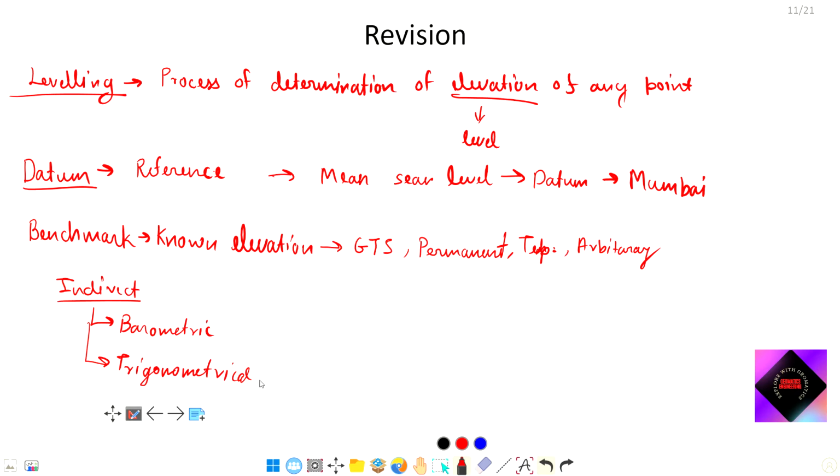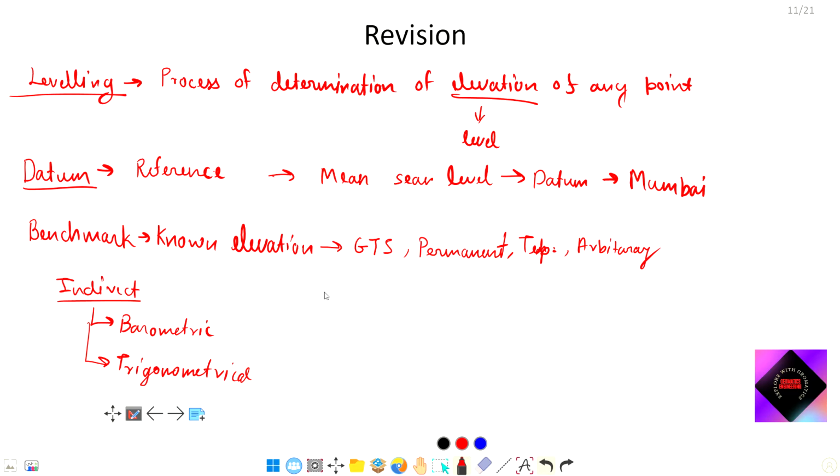In trigonometrical leveling, with help of trigonometric properties we do linear and angular measurement, and we calculate the height. But barometric leveling is not suitable because atmospheric pressure keeps changing for the same place due to several weather conditions and effects, so it is not accurate all the time.